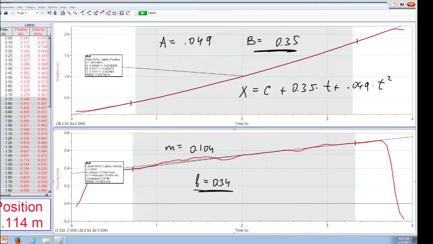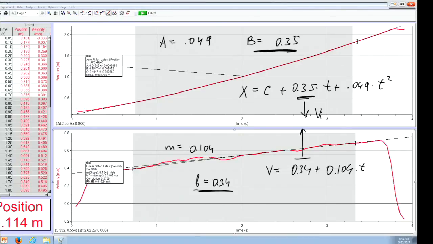And here, that should be a velocity equation, which, again, should start from initial velocity 0.34 plus the slope 0.104 times time. So in this equation, this variable represents the initial velocity, and in this equation, this variable represents the initial velocity. So they have to be close to each other.